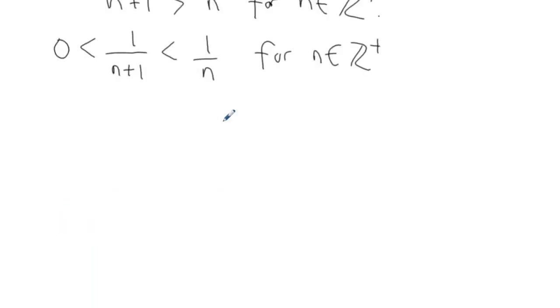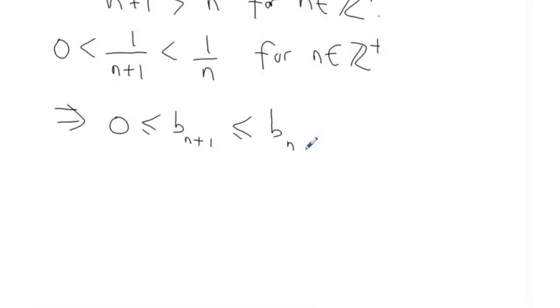So this is enough to show that bn plus 1 is always non-negative and always less than or equal to bn. That's the first criterion of the alternating series test to show convergence.